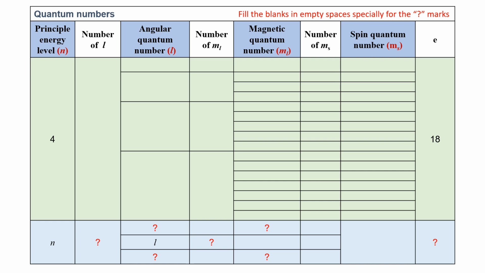Especially the question mark part, you have to give letter-based numbers, and you have to find out how many electrons can exist in the nth principal energy level. That is very easy to find out. Now you know the patterns when you are talking about common energy levels.